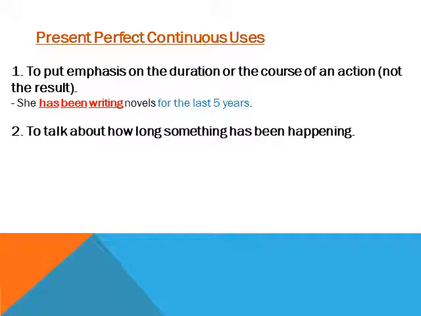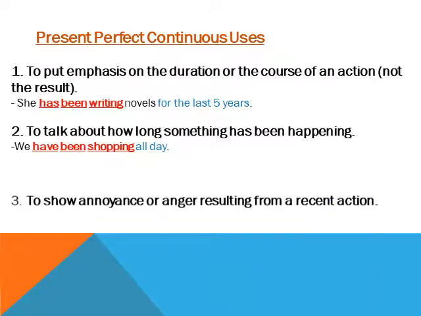Number 2. We use the present perfect continuous to talk about how long something has been happening. How long? For example, we have been shopping all day. All day, this again gives a sense of duration. This shows how long the action was happening.